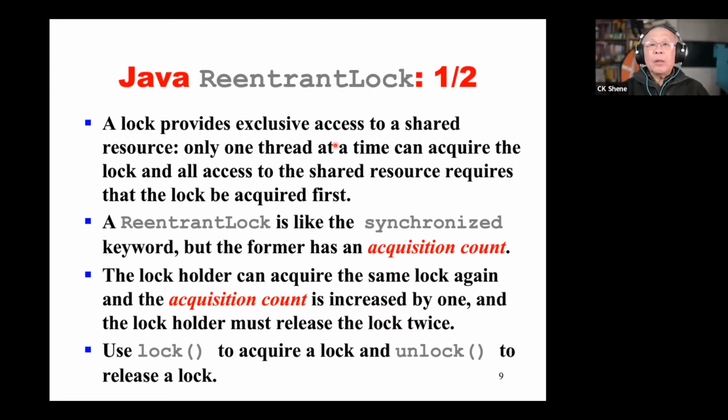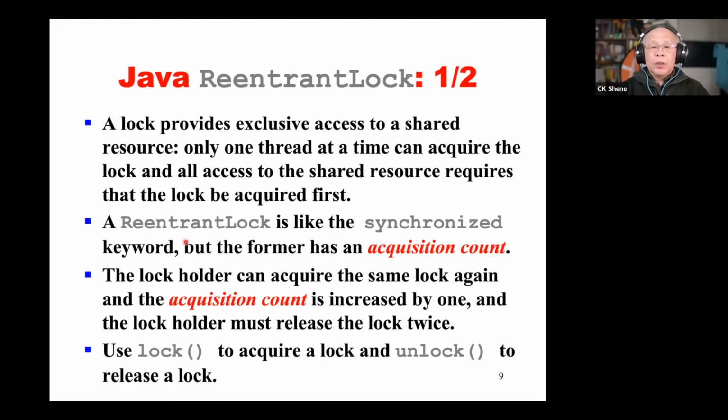Who can get it? We don't know. Only the one that successfully acquires the lock can use it. Of course, that thread must release the lock. So basically, a reentrant lock is just like a synchronized keyword.